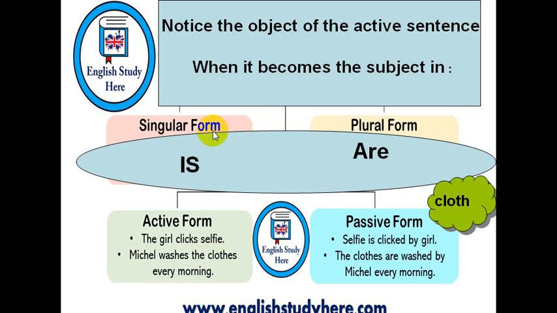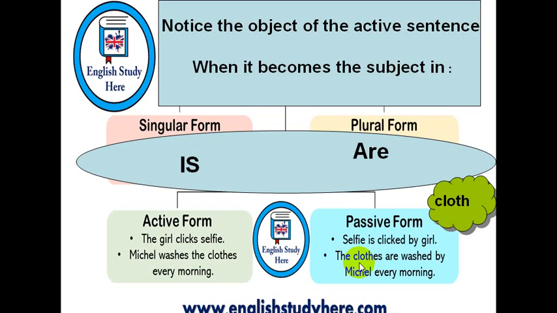The clothes, yes, the clothes are, it's a plural form. The clothes are washed. Yes, excellent. The past participle of the verb wash is washed. It's a regular verb. The clothes are washed by Michelle every morning.